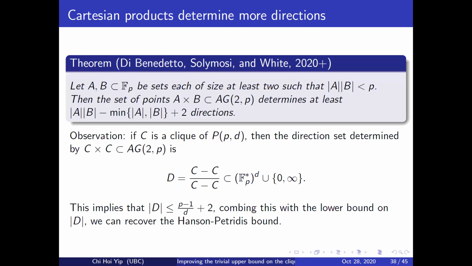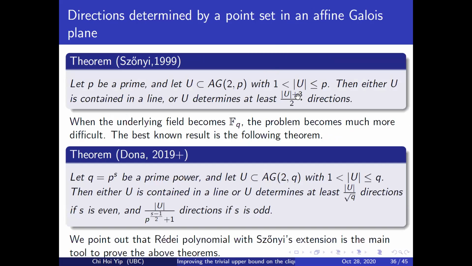Next, let's see the connection between the Cartesian product and the clique number of Paley graphs. Recently, Di Benedetto, Solymosi, and White proved that Cartesian products determine more directions. Recall that Szőnyi's result is that if we have U points in AG(2,p), then the number of directions will be at least (U+3)/2.